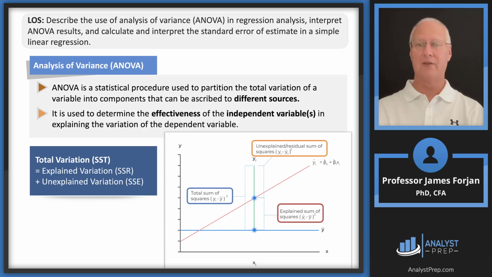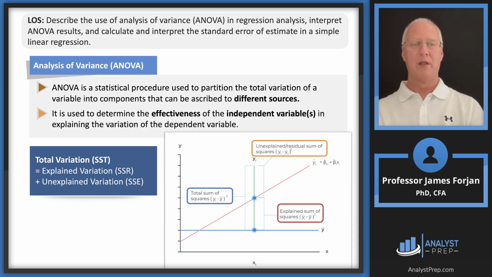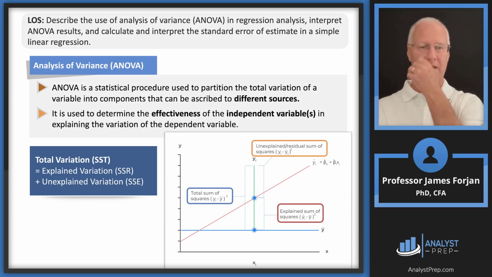Suppose you come up with an analysis of variance and the conclusion is, you know what, Jim, your independent variable really stinks. It does no good. It explains no variability. How about this example? The number of times that Jim uses his John Deere tractor to cut his lawn during the summer months compared to the returns of Procter & Gamble on the floor of the New York Stock Exchange.